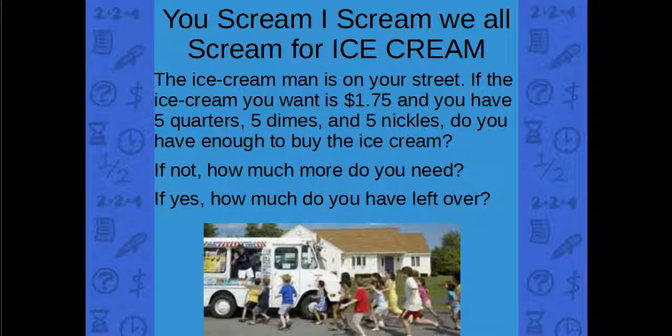And then she rewrote it again horizontally, 1.25 plus 0.50 plus 0.25, and then she wrote equals $2. And then she wrote a complete sentence that says, I have 25 cents left over.